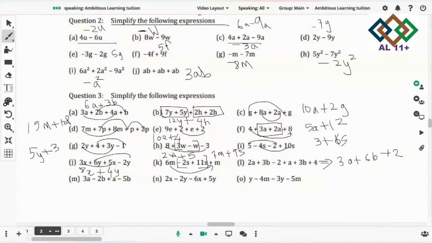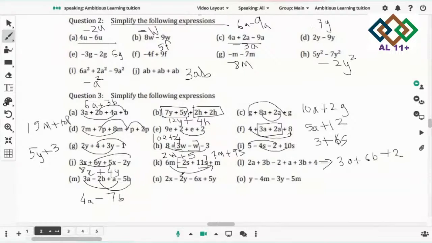So now we are on number m. So you have 3a minus 2b plus a plus 5b. So again you'll put all the a's together, all the b's together, and after you do that, the answer for m you will get is 4a minus 7b.